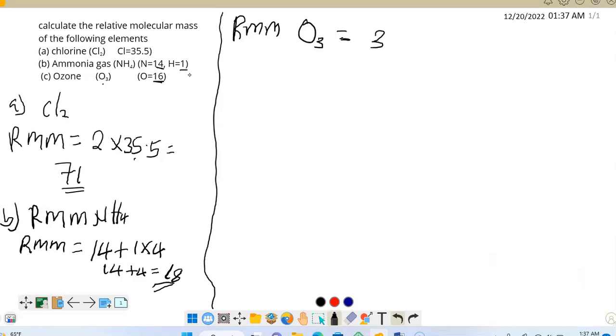So 3 times 16. So 3 times 16 will be how much in mathematics? 16 times 3 is equal to 48.